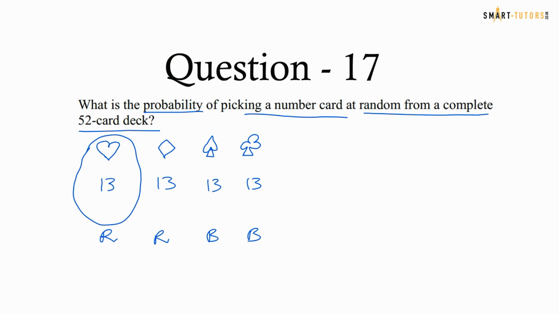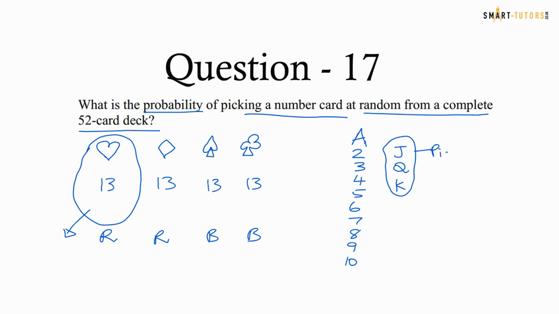If I take one section of 13, the first card is ace, then 2, 3, 4, 5, 6, 7, 8, 9, 10, and after that Jack, Queen, King. So these three cards are picture cards, and these are the number cards.